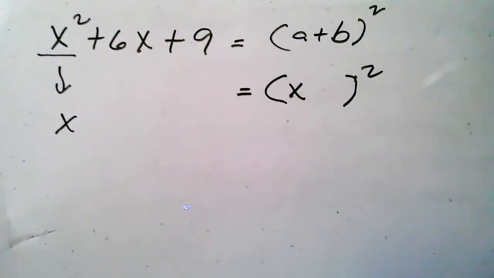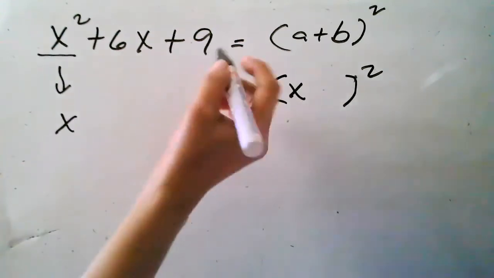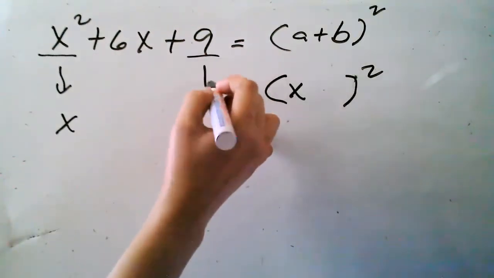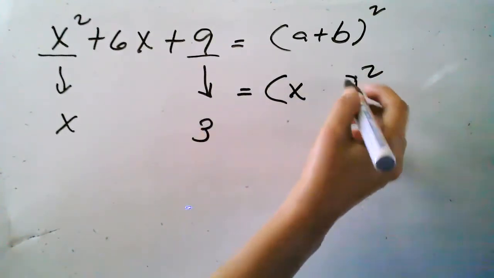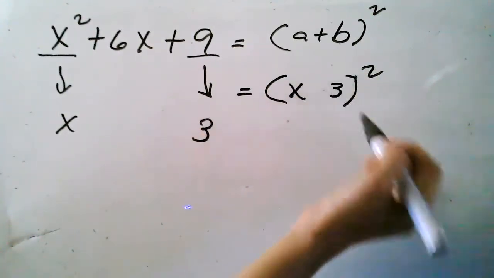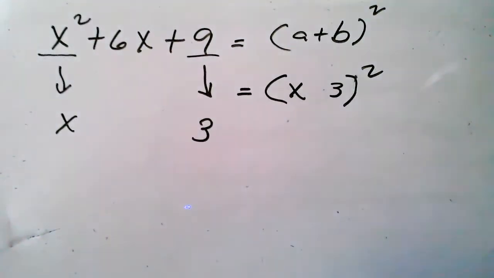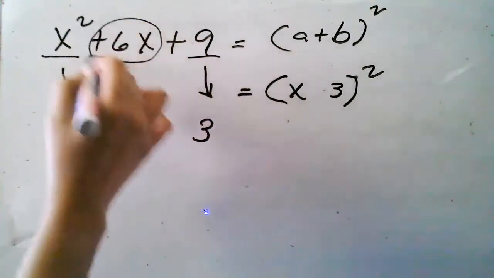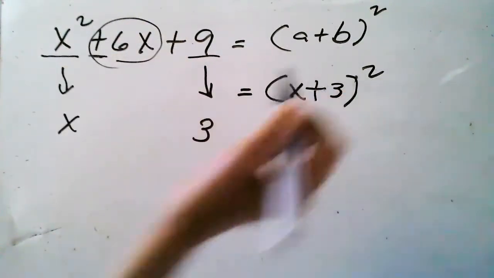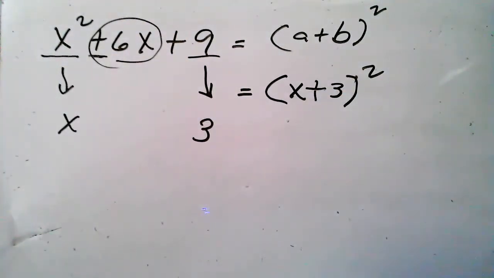Next, we need to find the square root of the last term, which is 3, and that becomes the second term of the binomial factor. And lastly, just copy the sign of the middle term, which is positive. And that completes this factorization.